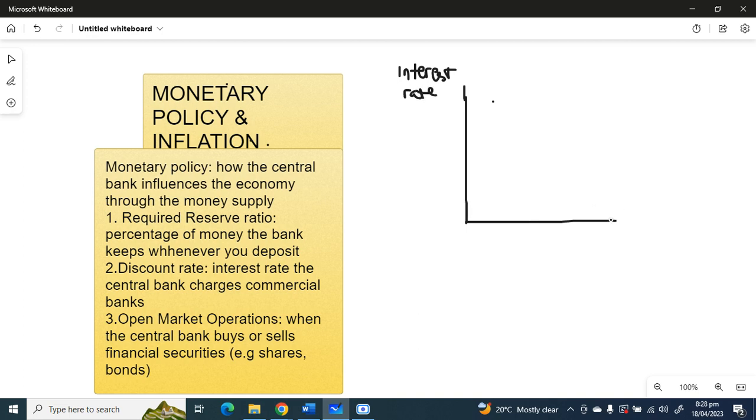And on our x-axis, we have the quantity of money, right?